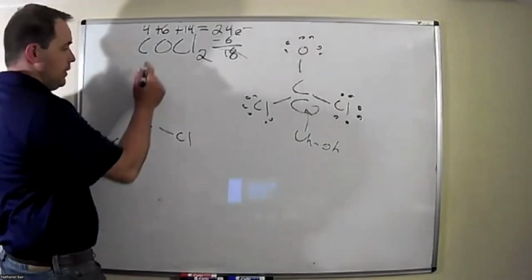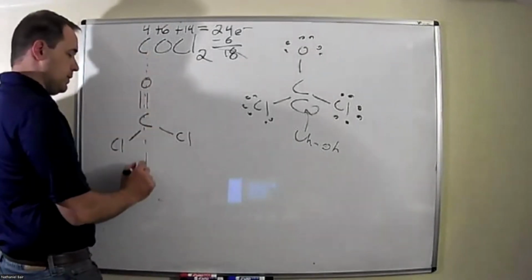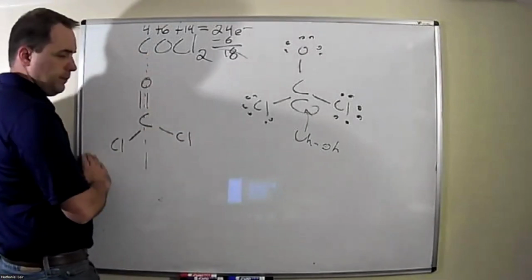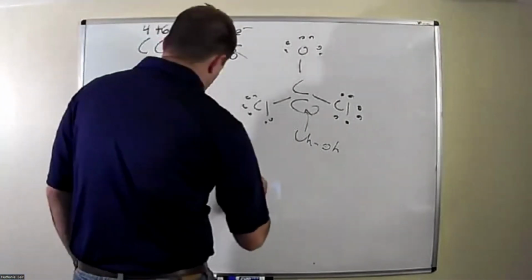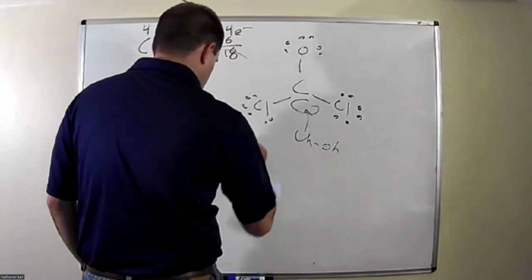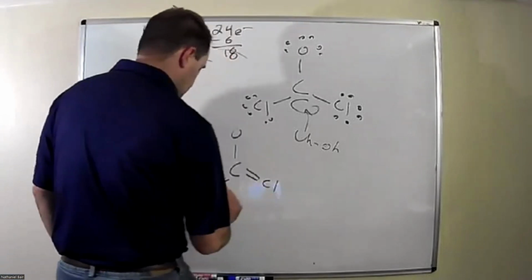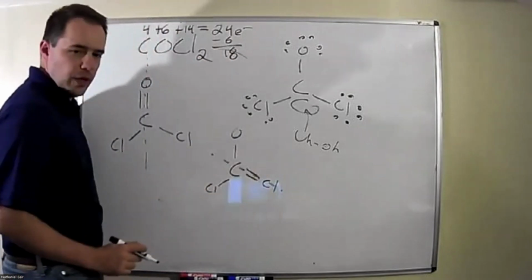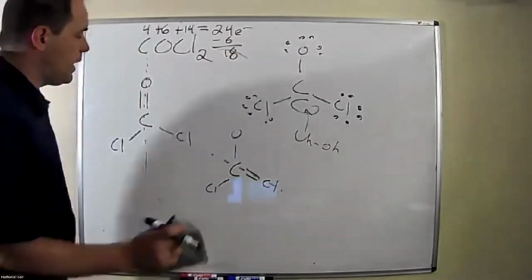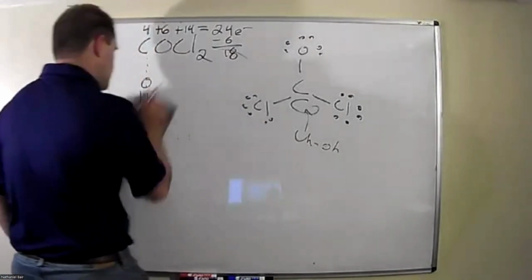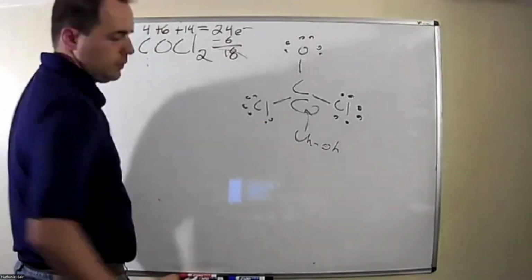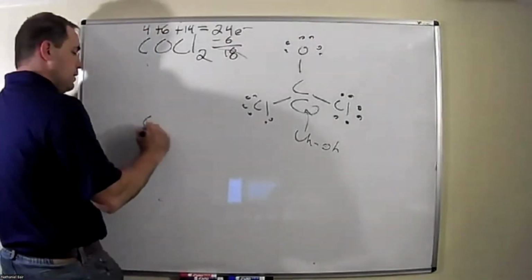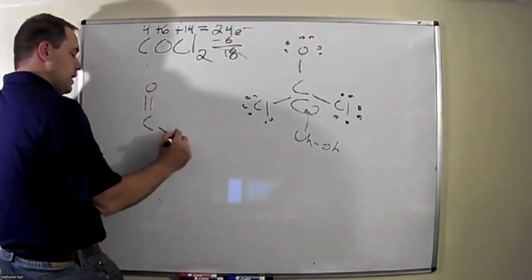Well, if you think about it, this molecule is going to have an internal mirror plane. If I would double bond one of the chlorines, that molecule does not have an internal mirror plane. So we want to double bond the oxygen because that is the most symmetrical molecule. So we're going to do the double bond between the carbon and the oxygen.